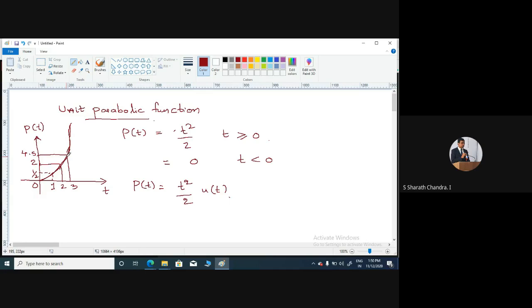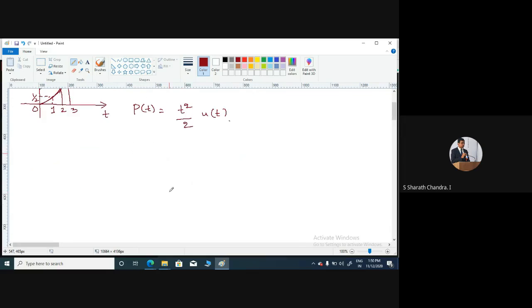The unit parabolic function can be obtained by integrating the unit ramp function or double integrating the unit step function, as we have seen in the case of unit ramp and unit step relations. Similarly, the parabolic function p of t can be represented as integral of r of t dt.